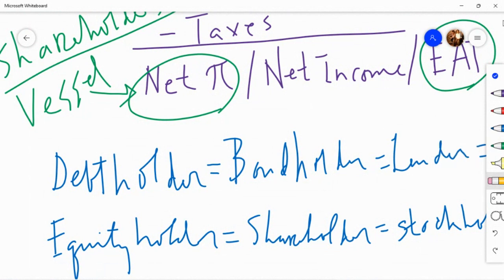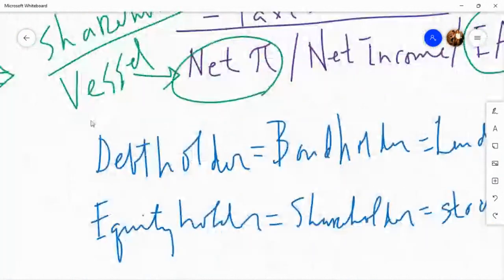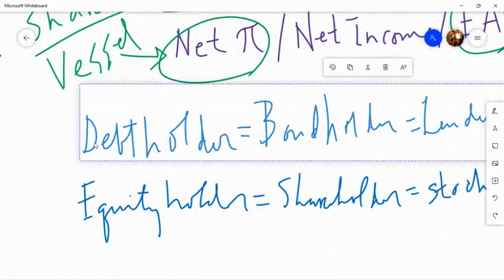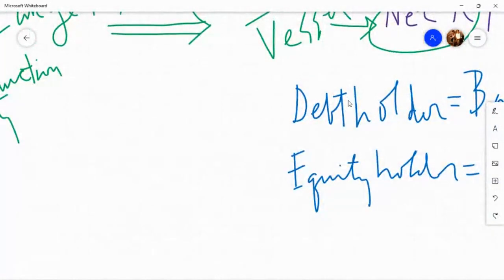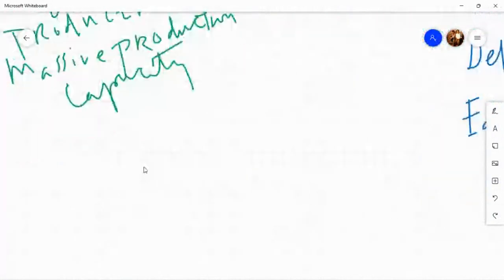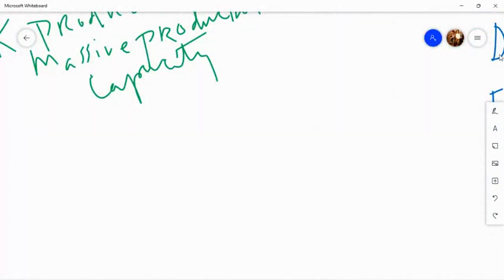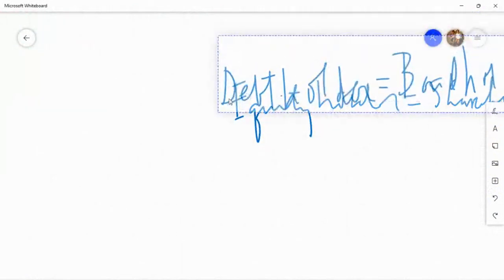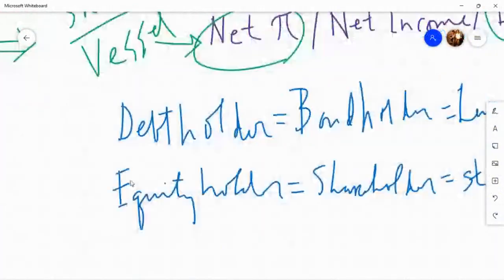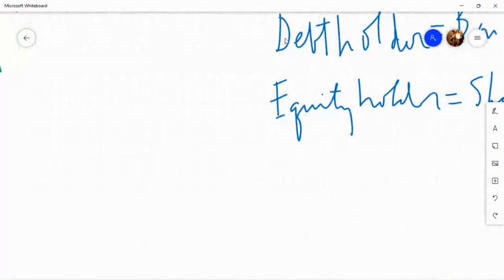I'm gonna have to. Maybe I can. Let's see if I can move this. Can I move this? Yeah, I can move this. What is wrong? I can't. I should be able to.